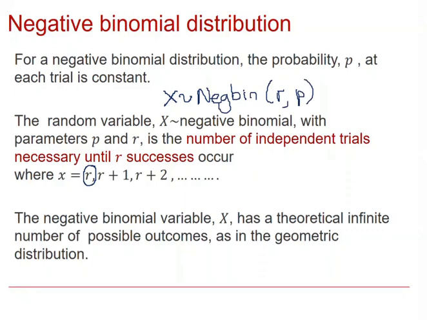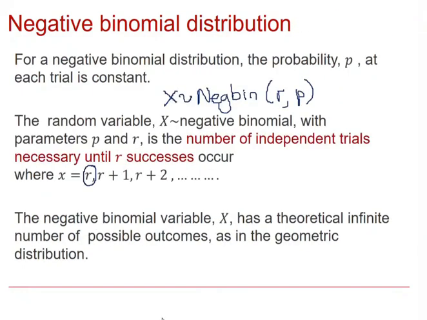The negative binomial variable X, just as with the geometric variables, has a theoretical infinite number of possible outcomes. Theoretically, we could be waiting forever until we achieve the r successes that we're wishing to find.